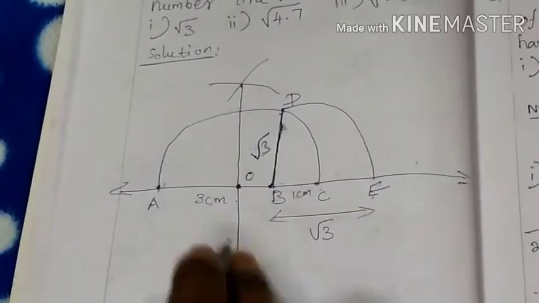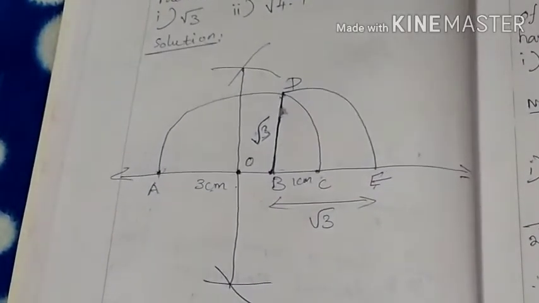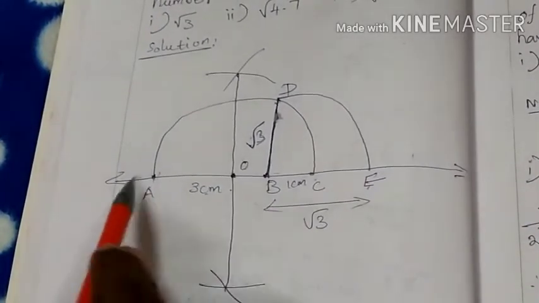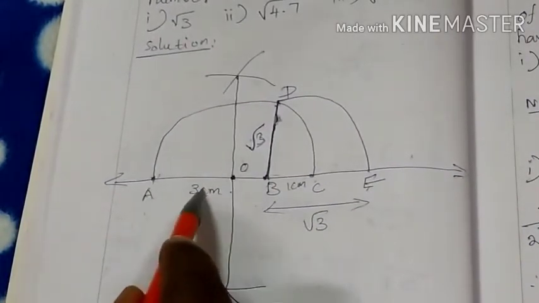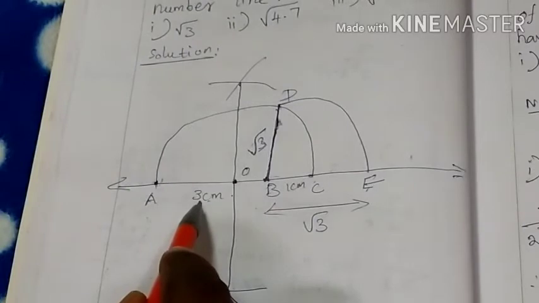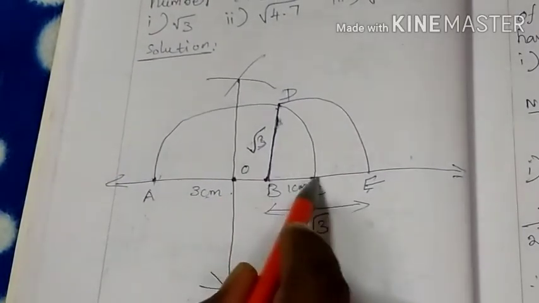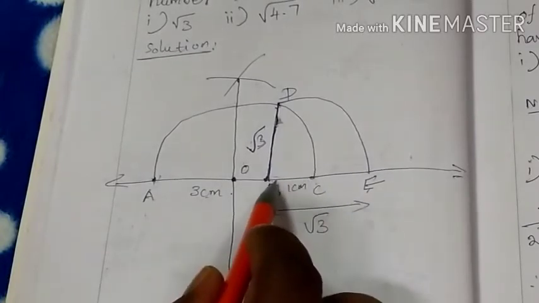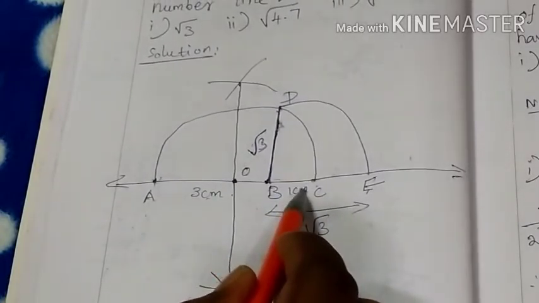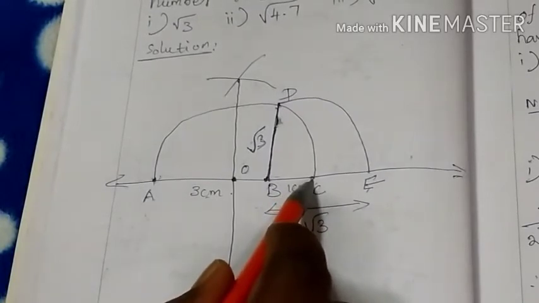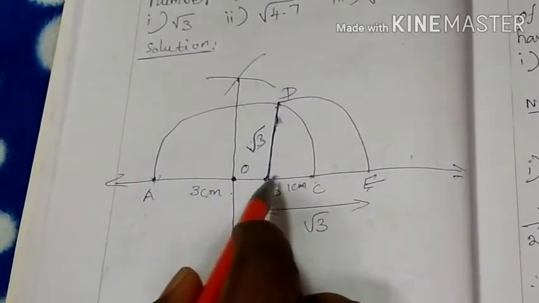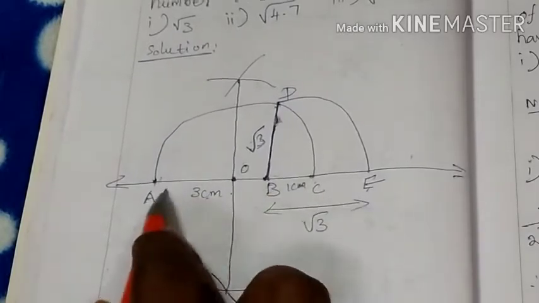This is your answer. So once again, let me repeat the steps. First draw a line, mark points A and B. The line segment AB is equal to 3 cm. Then mark the point C on the number line, BC is equal to 1 cm. Then draw the perpendicular bisector to find the midpoint O of AC.